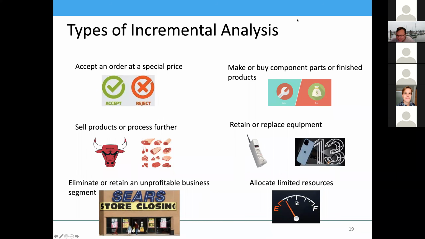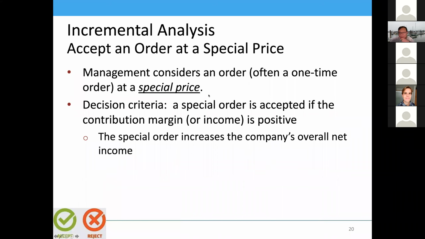Okay, so let's take a look at the first one. Accept or reject. This is often a one-time offering at a special price, lower than the normal selling price. Under what condition are you going to accept it?